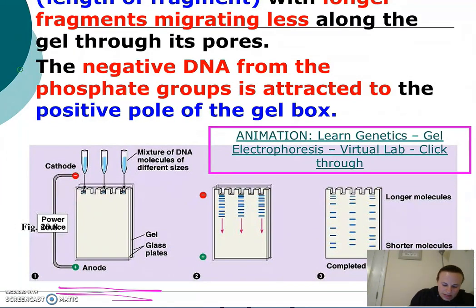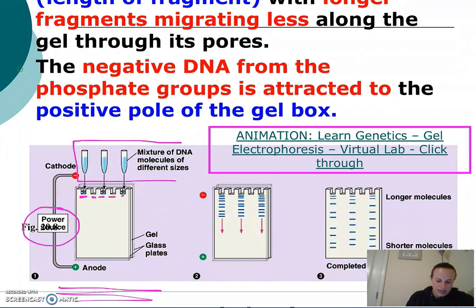This here is the gel, where I've got a power source along with what are called wells located at the top of the gel. It's within these wells that I'm going to put my DNA sample. Then I turn on the power source and my DNA samples migrate down the gel.